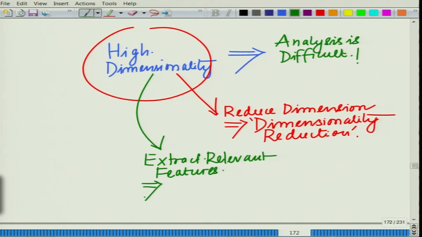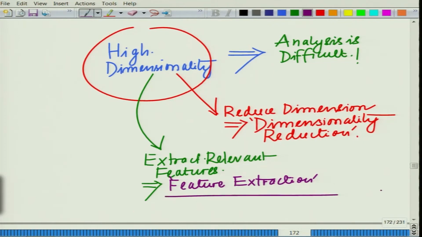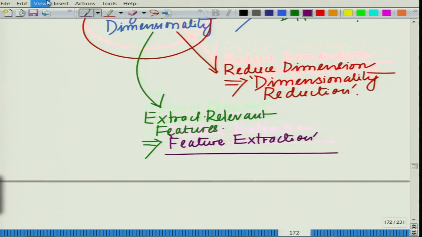This is termed as the feature extraction step, right.